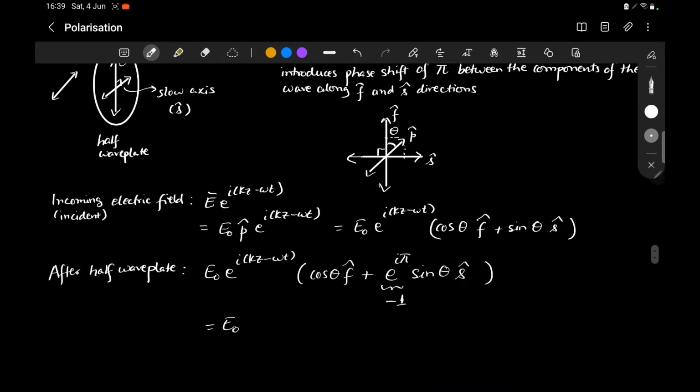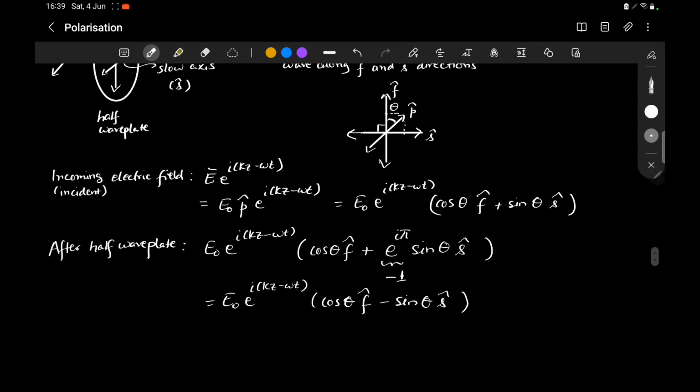So this is the electric field after the half wave plate, when this was the incoming electric field.